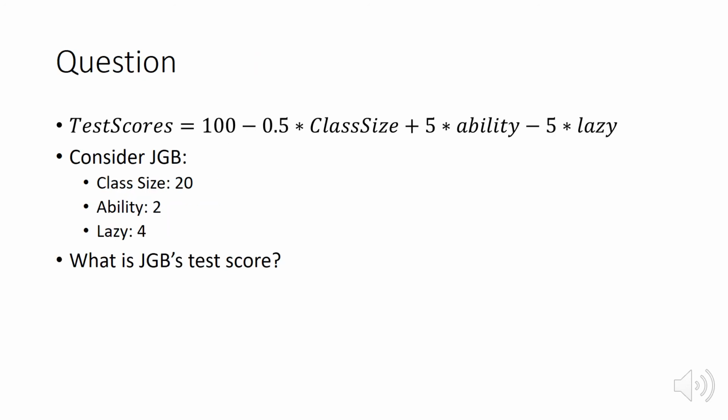But assuming this is the true data generating process, let's think about John Gregory Brown. Because he's in a class with 20 people in it, he's got a natural ability of 2, but he's pretty lazy. He's got a laziness factor of 4. So if this is the true data generating process for John Gregory Brown's test score, what does he get on the test?